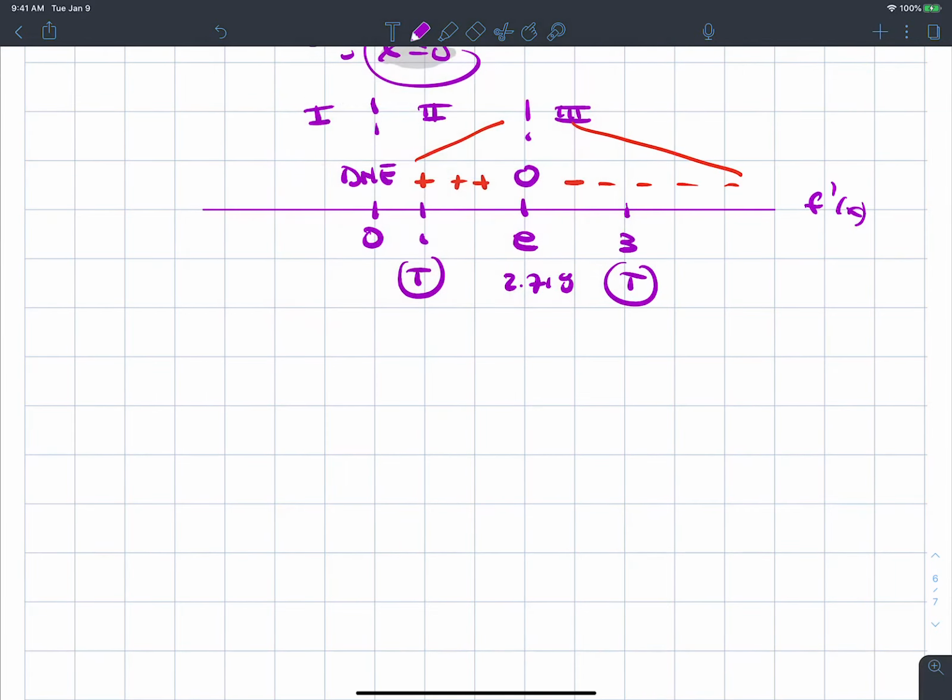What that means is our function f is increasing on the interval 0 to e, and it is decreasing from e to infinity.